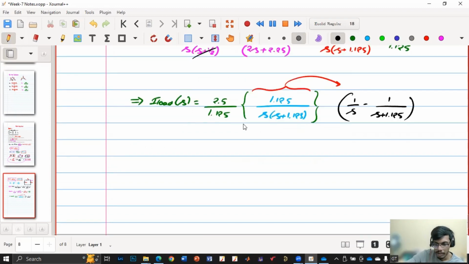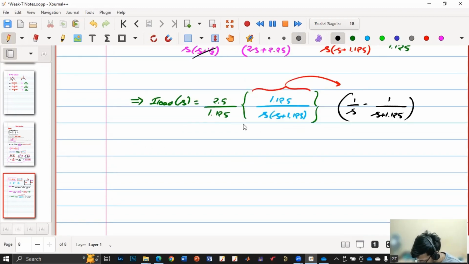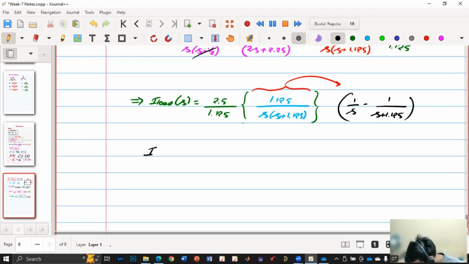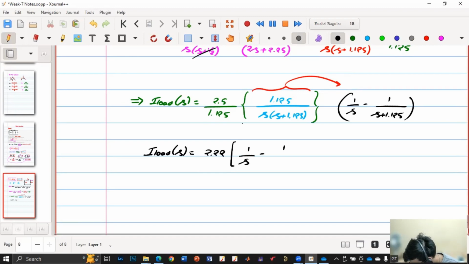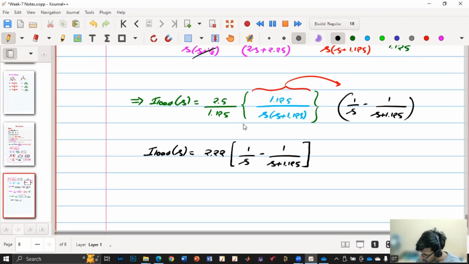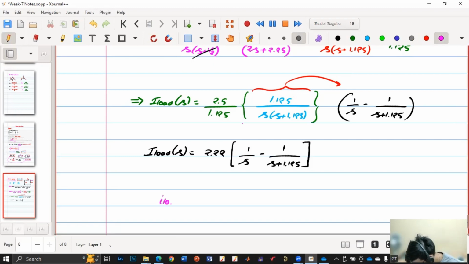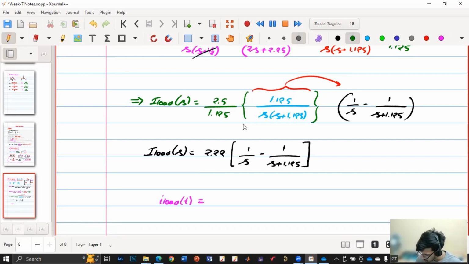So now my I load of S will become something like this. It is 2.5 by 1.125, I have calculated it is coming around 2.22, into 1 by S minus 1 by S plus 1.125. Now what is I load of t? So inverse Laplace transform we are doing. Can anyone tell me what is this?